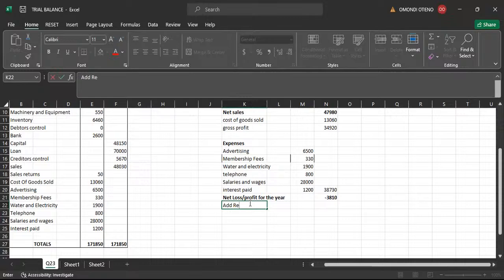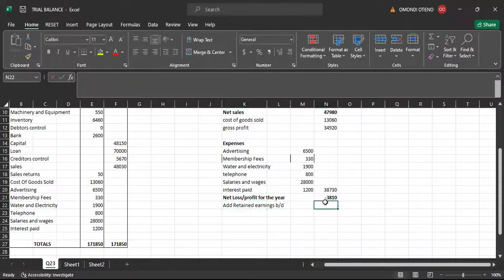Other comprehensive income, yes. We are going to add other comprehensive income, that's good. And then once other comprehensive income is added, of course, that's what will give us the net profit for the year. Then we are going to add what we call retained earnings brought down or brought forward.